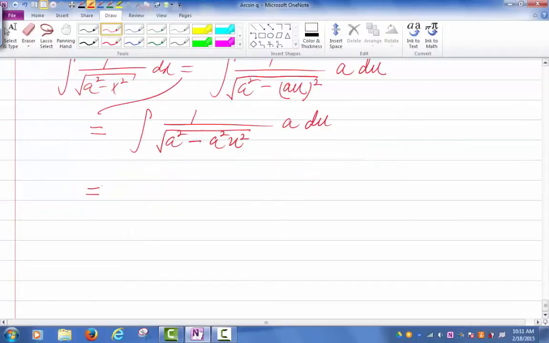Remember, the entire point was to introduce a squared as a factor of x squared. If I did that, then I can factor out a squared, and this would be 1 minus u squared, a du.